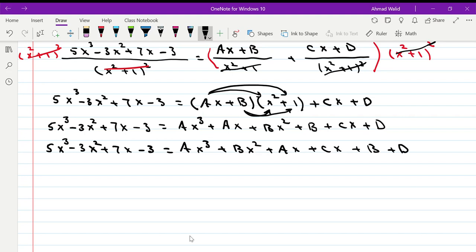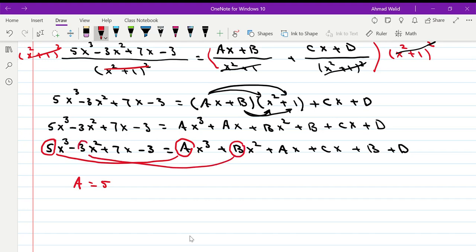Correct? The coefficient of x cubed, which is a, you equate with the coefficient of x cubed on this side. It means you can write a equals 5. Oh, at least I have one of the values. The coefficient of bx squared equates with the coefficient of x squared on this side. It means b equals what? 3.